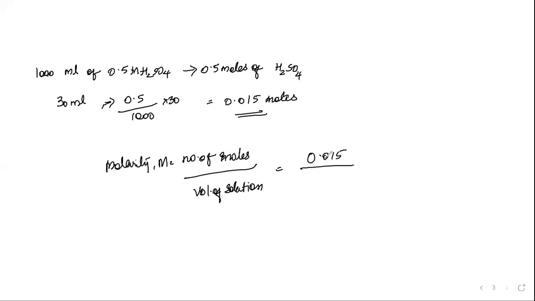The question says this 0.5 molar H2SO4 is diluted to 500 milliliter. In the equation of molarity, we learned that it is the number of moles divided by volume of solution in liters. In the question, it is given as 500 milliliter, so we have to convert this 500 milliliter into liter. 500 milliliter is 0.5 liter.